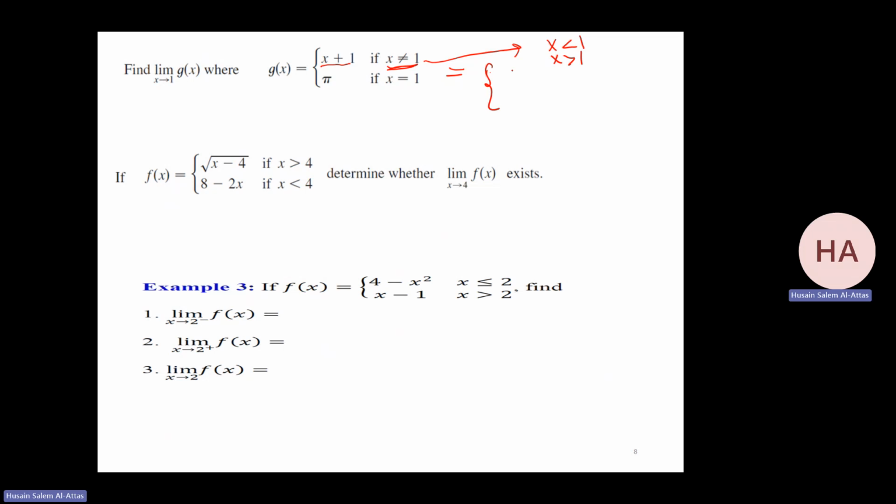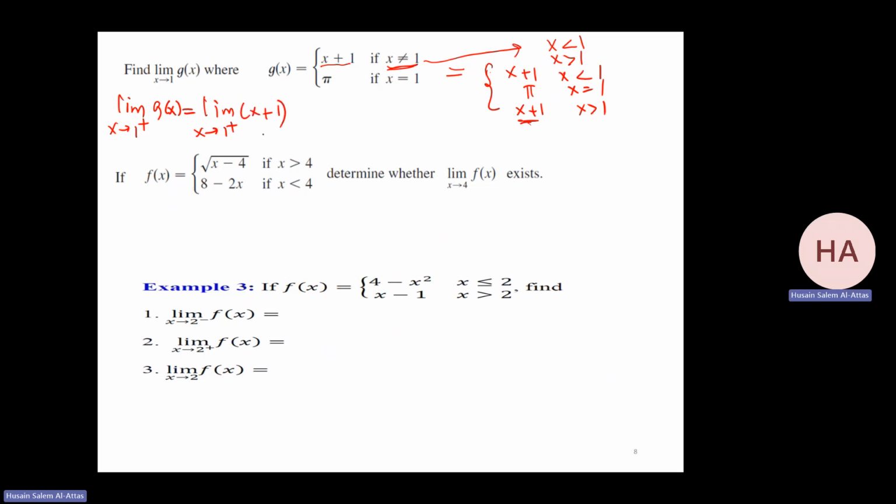So that will be x plus 1 if x less than 1, pi if x equal 1, x plus 1 if x greater than 1. So how to find the limit? We find the limit from right and from left. From the right, x is more than 1, so it will be here. So I'll take this function.